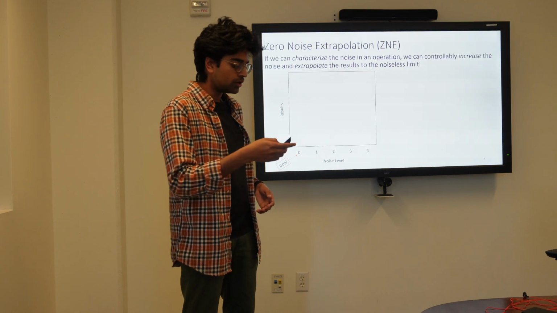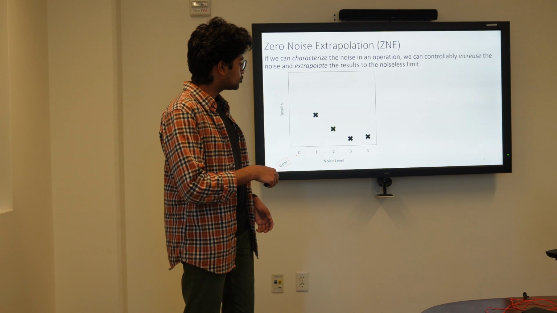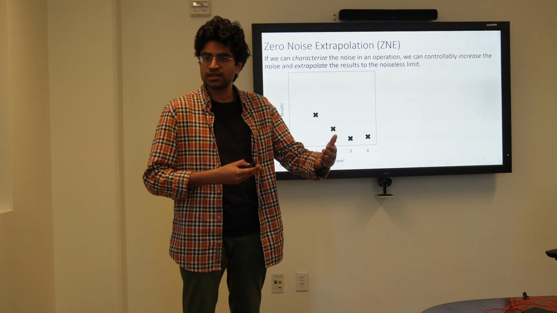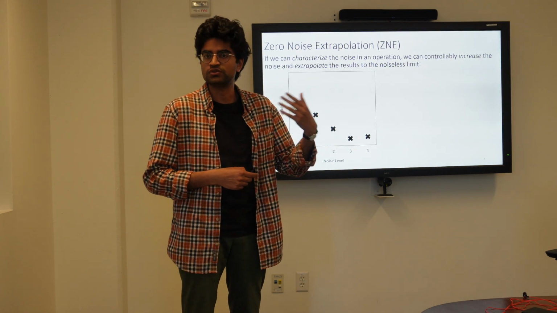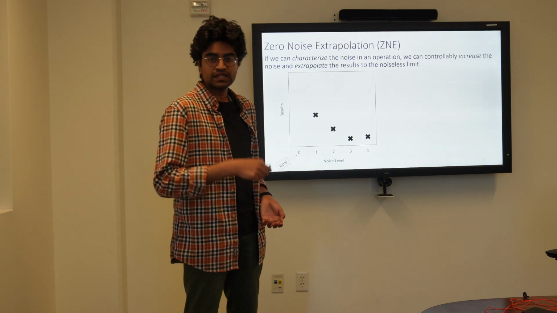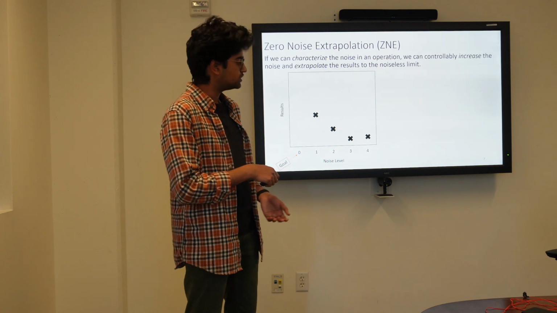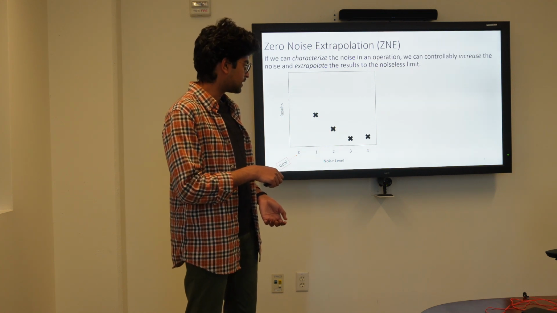So what can we do now is, instead, controllably run the experiment increasing the amount of noise. So if I understand where the noise comes from, I can actually make the noise worse. First I run the experiment at base noise level 1. Then I turn up the noise controllably and run the experiment again, and I get a new, worse result at noise level 2. Then I do it again at 3 and again at 4.